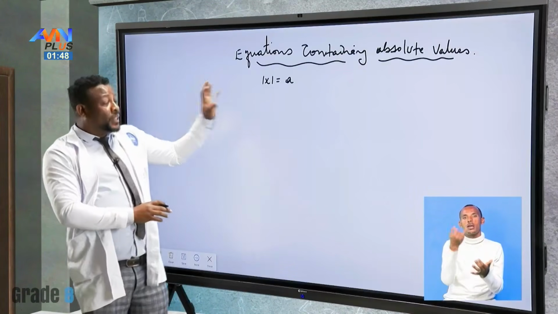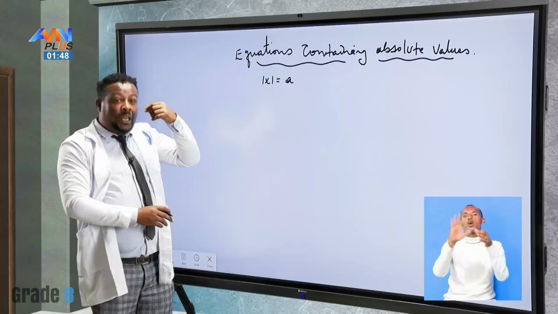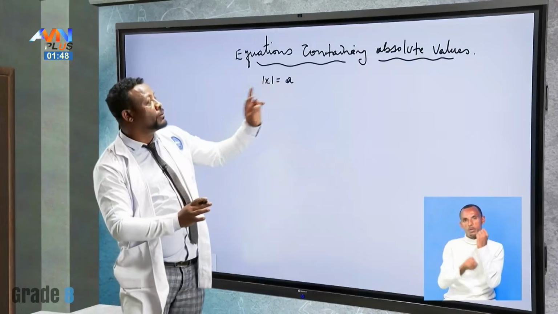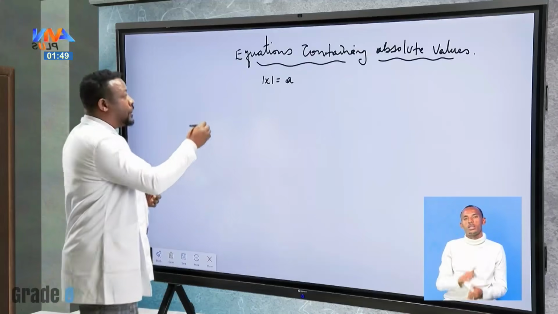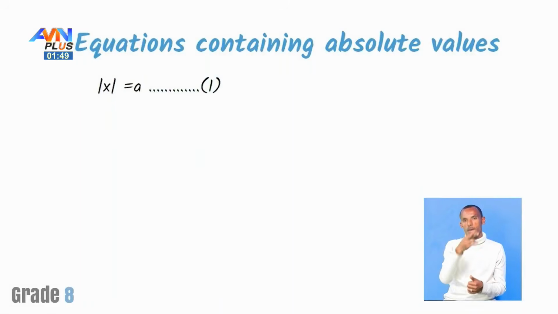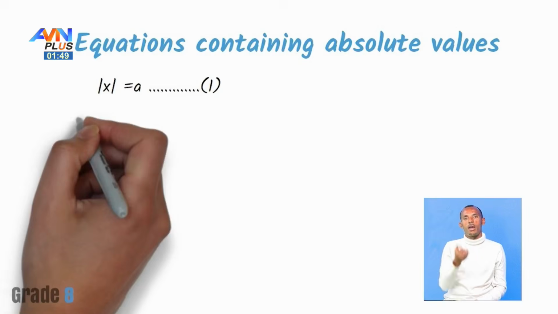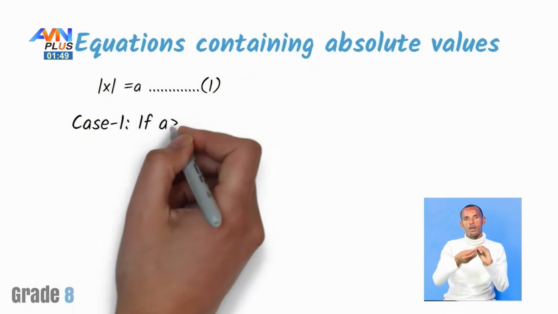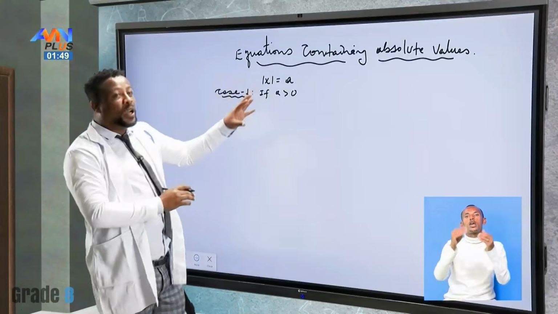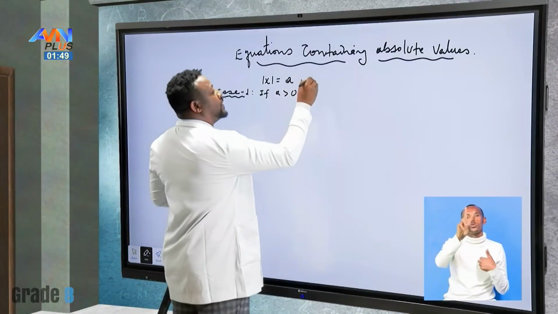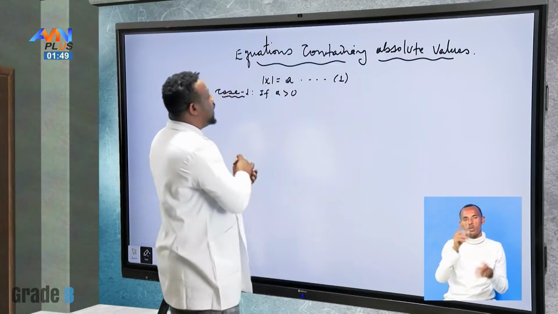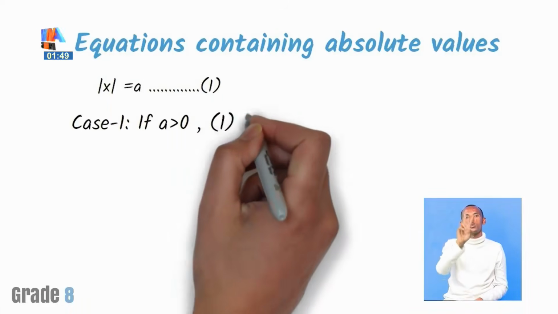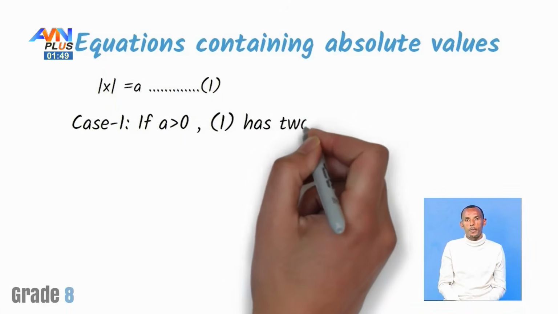Now, if this is the equation, we will have different solution types depending on the value of a. The first case is, in case one, if this number is positive, the equation will have two solutions. Say this is equation 1, okay? If a is positive, equation 1 will have two solutions.